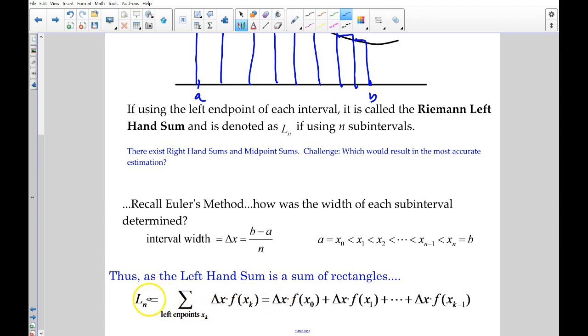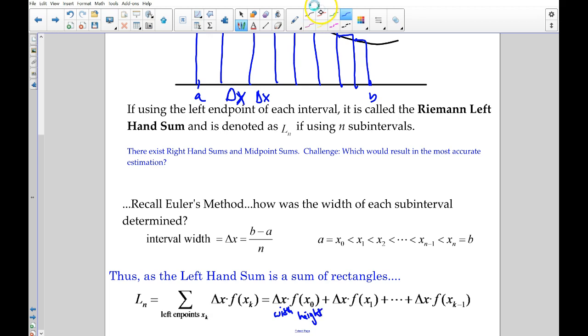All this is saying is that for the left-hand Riemann sum, we take the change in distance, the interval width, so each of these is delta x. That is the width of the rectangle times the height of the rectangle. So this is width, and this is height. I'm just doing a little geometry, finding all the areas and adding them together.